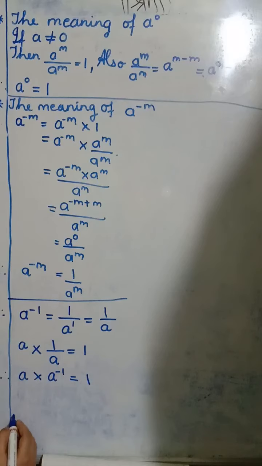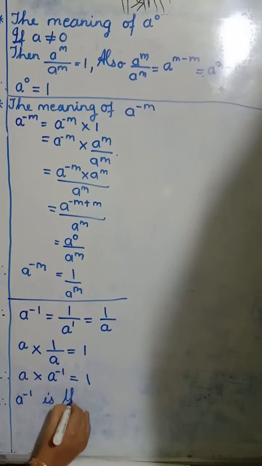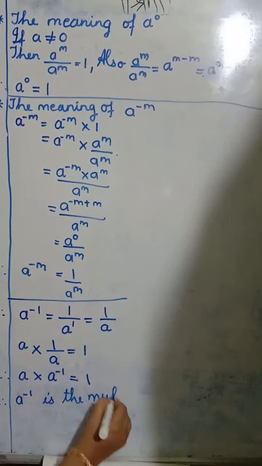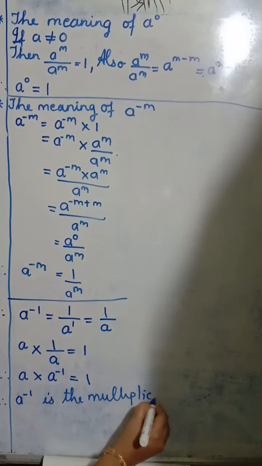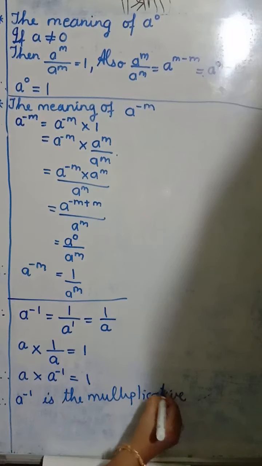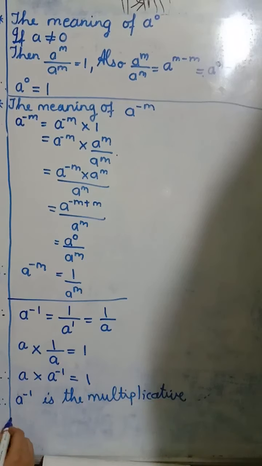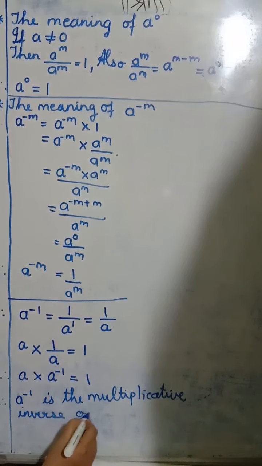Means what are we learning here? Therefore, a raised to negative 1 is the multiplicative inverse of a. Is it?